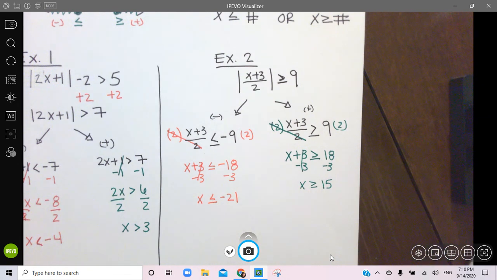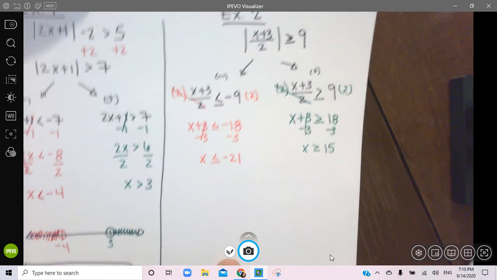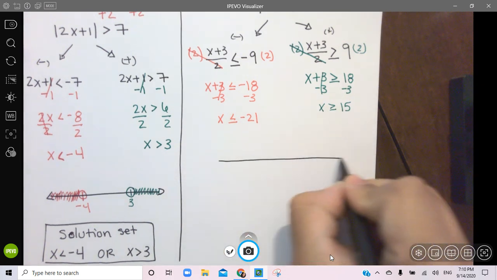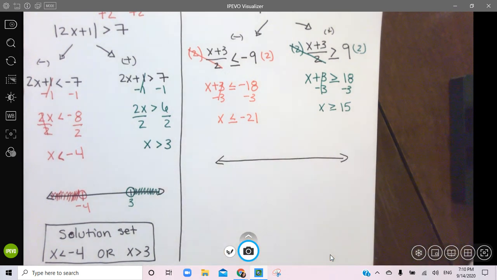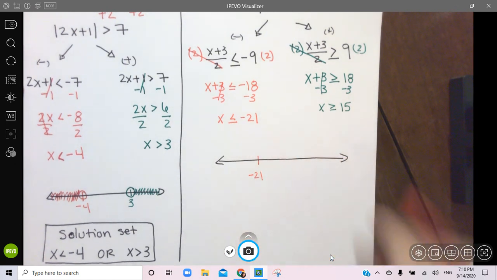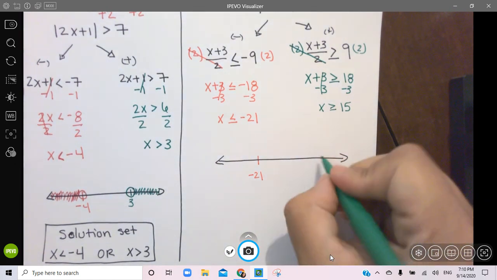And I'm going to go ahead and graph these out to see if I really do have a disjunction. So I have my number line, and I'm going to start with my negative and move over to my positive.